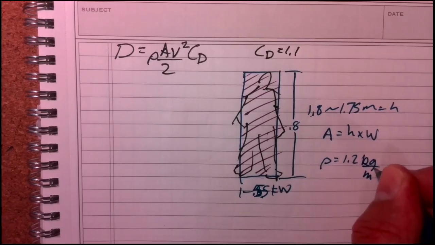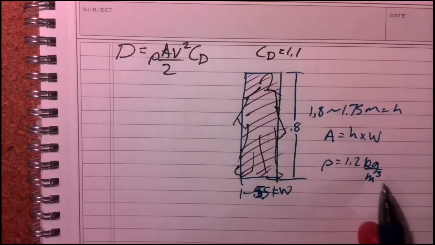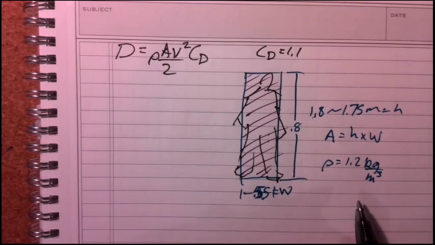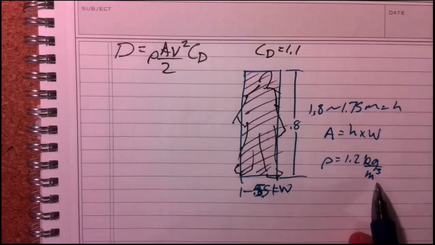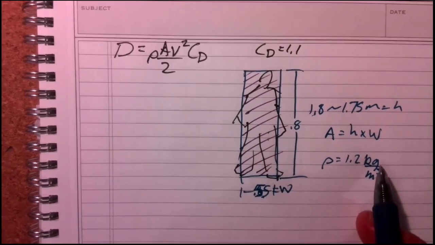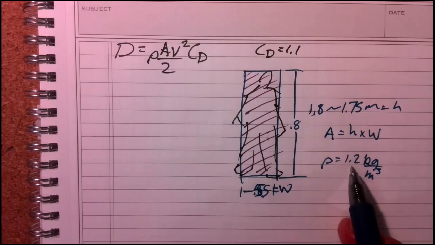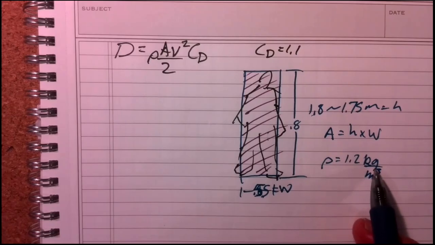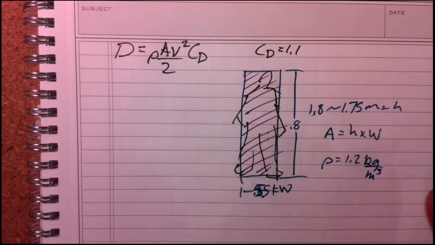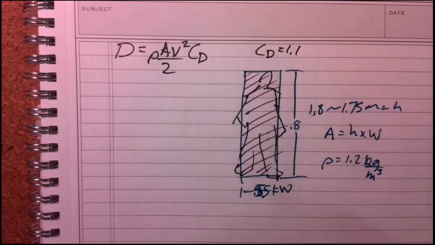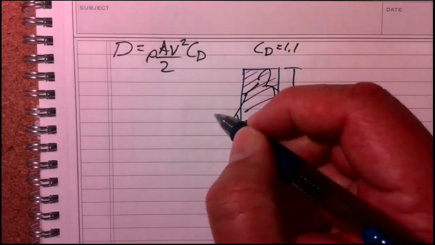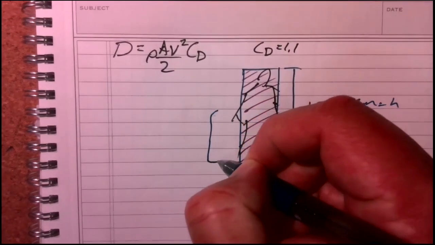That means basically if you have a cubic meter of air, it's going to weigh 1.2 kilograms. And that's pretty crazy if you think about it. I didn't realize how true that was until I started scuba diving.